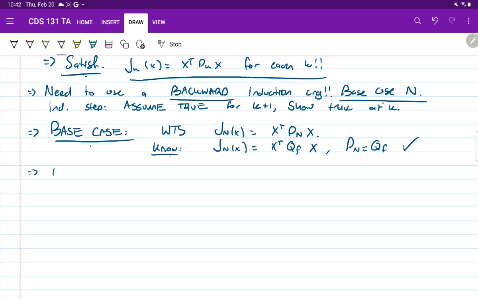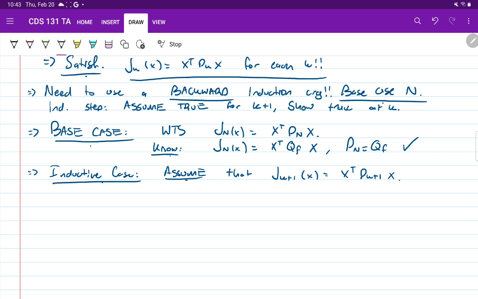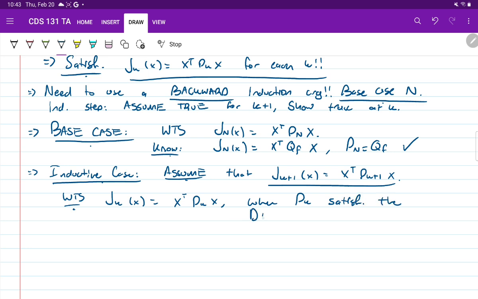Now, what about the inductive case? I assume for induction that J_{k+1} of x equals x transpose P_{k+1} x. What I want to show is that Jk of x equals x transpose Pk x, where Pk satisfies the discrete time Riccati equation.